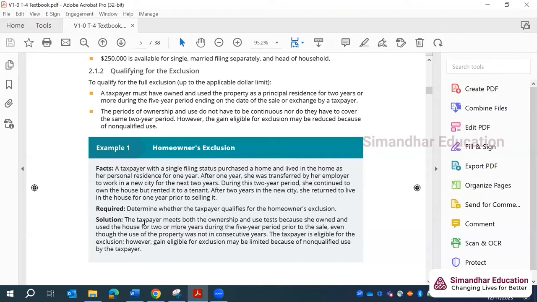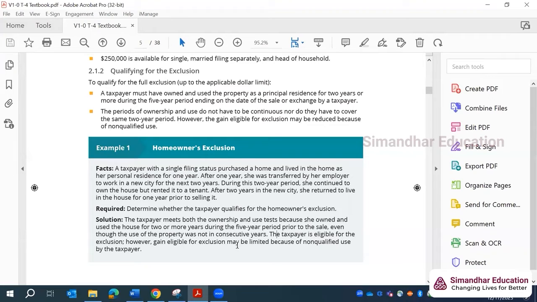If you see the solution, it says that the taxpayer meets both the ownership test and the use test because she owned and used the house for 2 years or more during the 5-year period prior to the sale. So from the sale date, you have to see what the activity was during the 5 years prior to the date of the sale. Even though the use of the property was not in consecutive years, because she used the property in the first year and then she used the property in the 4th year, the taxpayer is eligible for the exclusion.